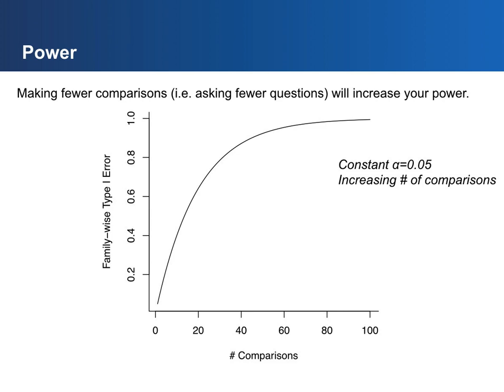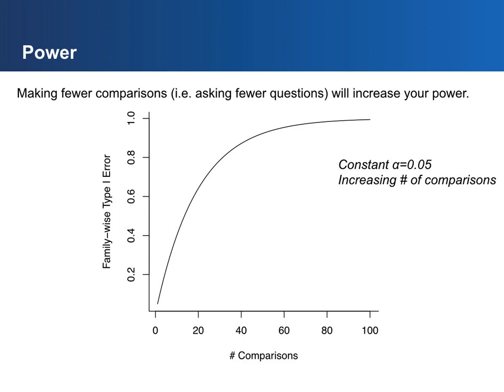And so if we ask more questions, we make more comparisons down here along the x-axis. As we do that, our type 1 error rate increases to where when we get up to 100 comparisons, we have almost a guarantee that at least one of those is going to show up as statistically significant, even if all of them are not at all related.